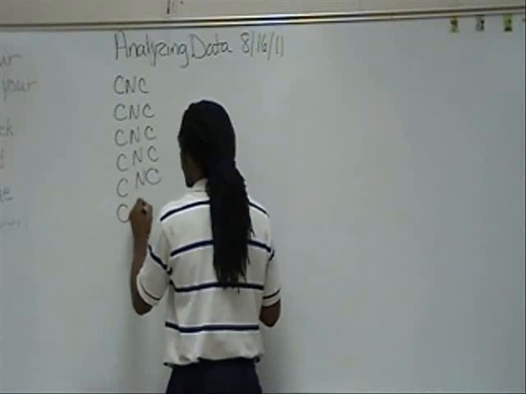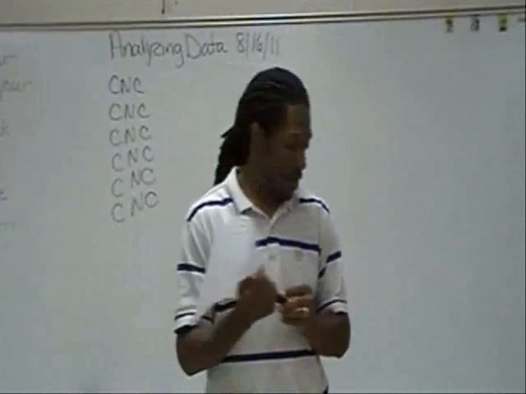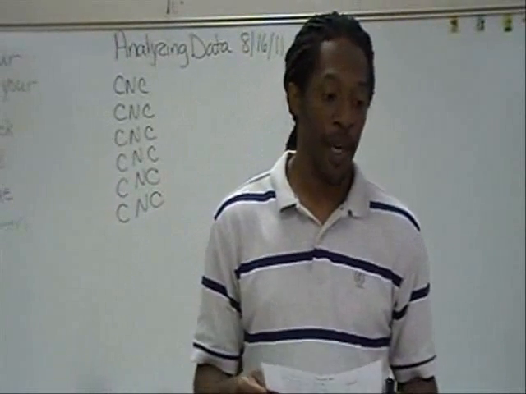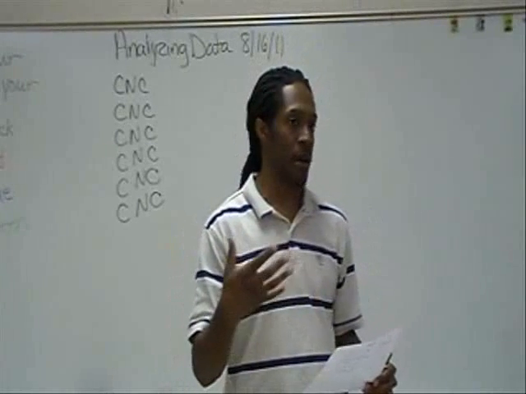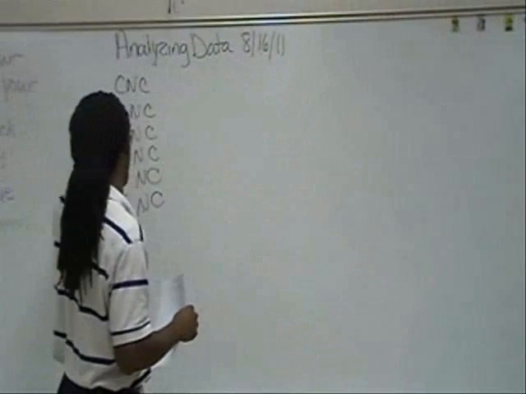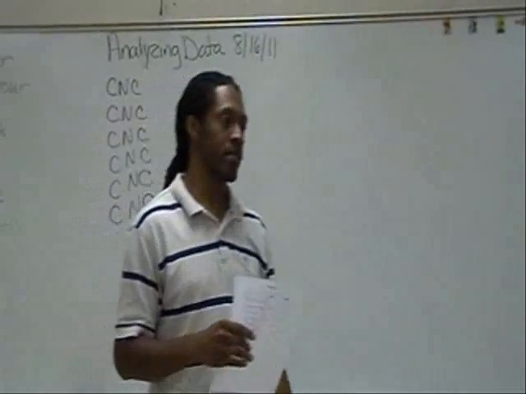And this is what you're writing in your folder. Okay? And everyone understands why we did that and what it represents. This represents each person that said that their favorite was cookies and cream. Okay?